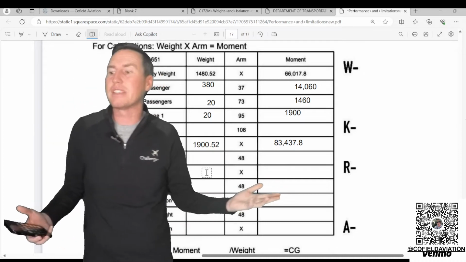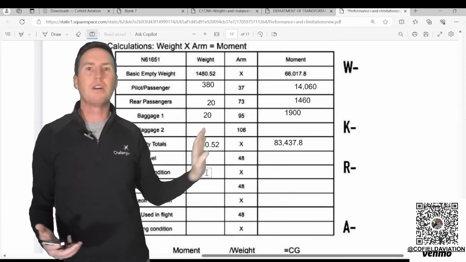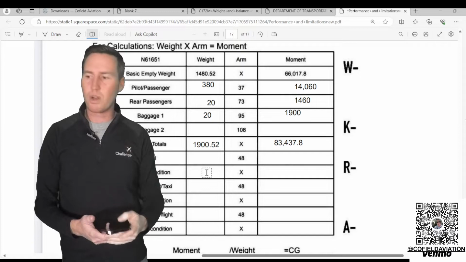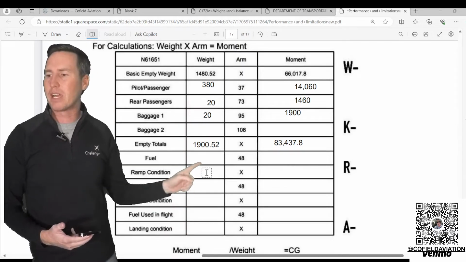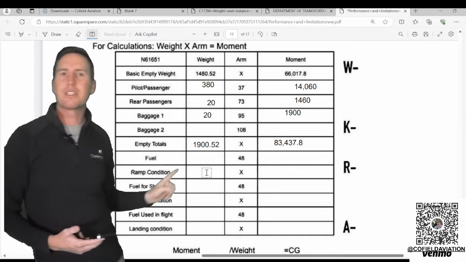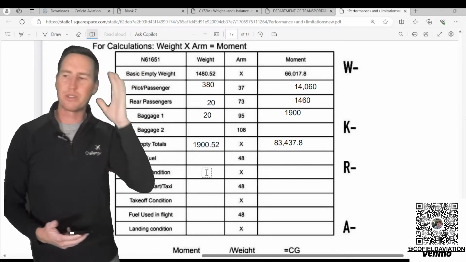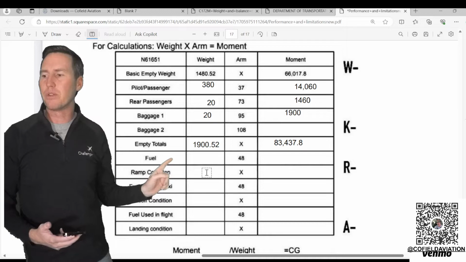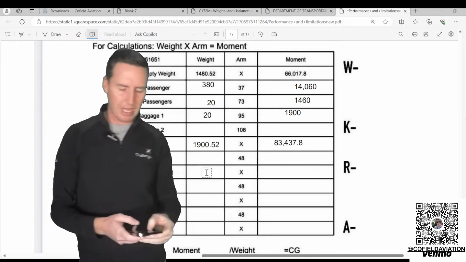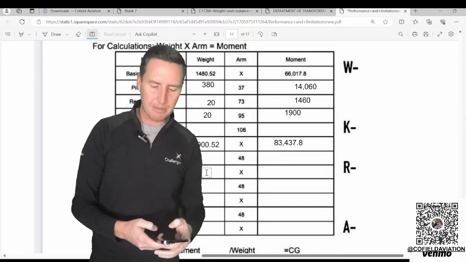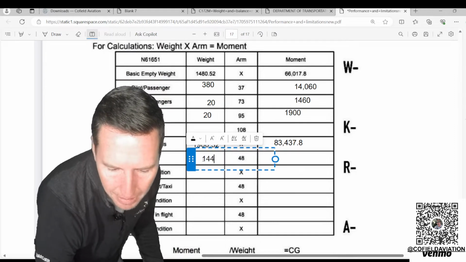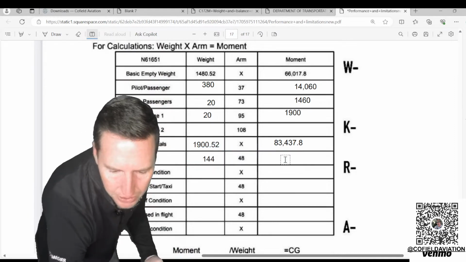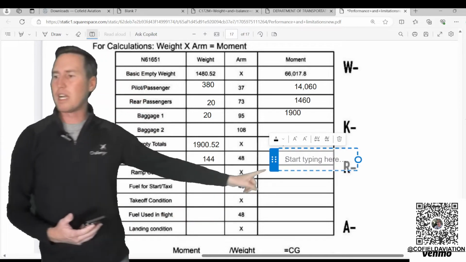Okay, so let's just use that example. Let's just say we had 12 gallons a side. All right, so that's 24 gallons. Don't put 24 right here. That's not the weight. The weight of the fuel is 6 pounds per gallon. You're going to just memorize that. So we're going to go 24 times 6, and that is 144 pounds, all right? Then we just simply do 144 times 48.